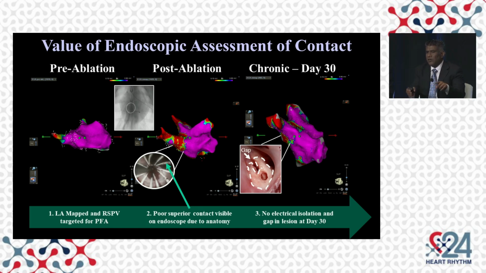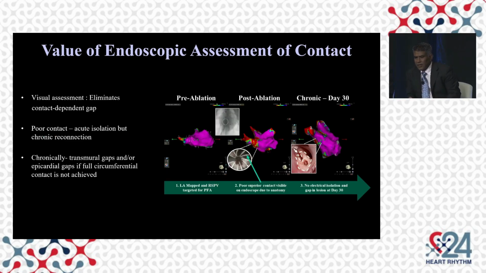We are literally going to relive the experience with radiofrequency and cryoablation, where we were first very happy with PVI, and 2 years later, when we realized that we can do better, we're going to take a step backward and say, what can we do during our first ablation to make this durable? Again, visual assessment eliminates contact-related gaps.